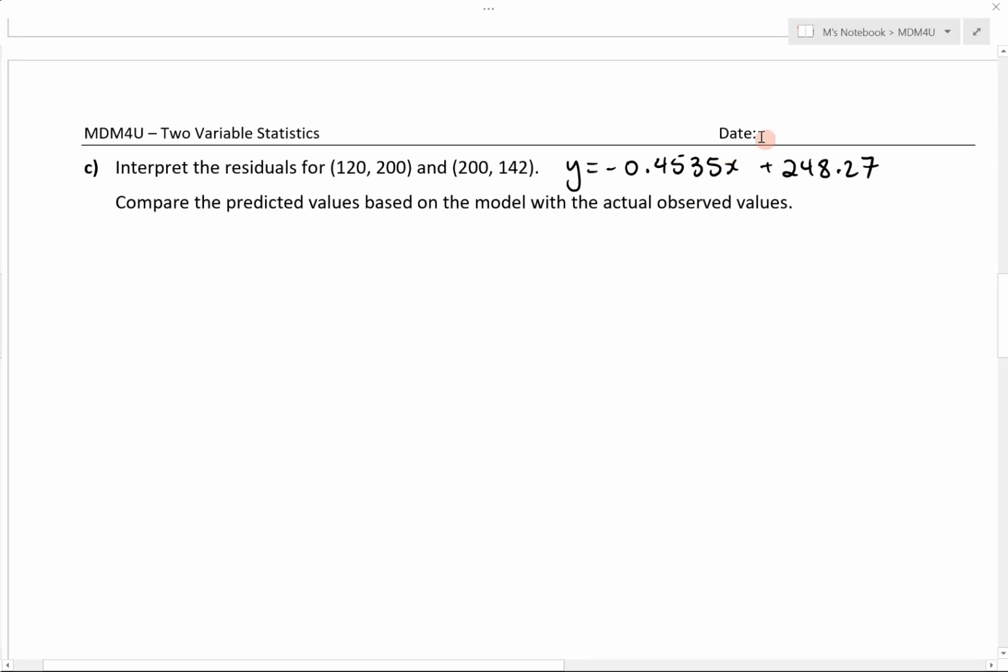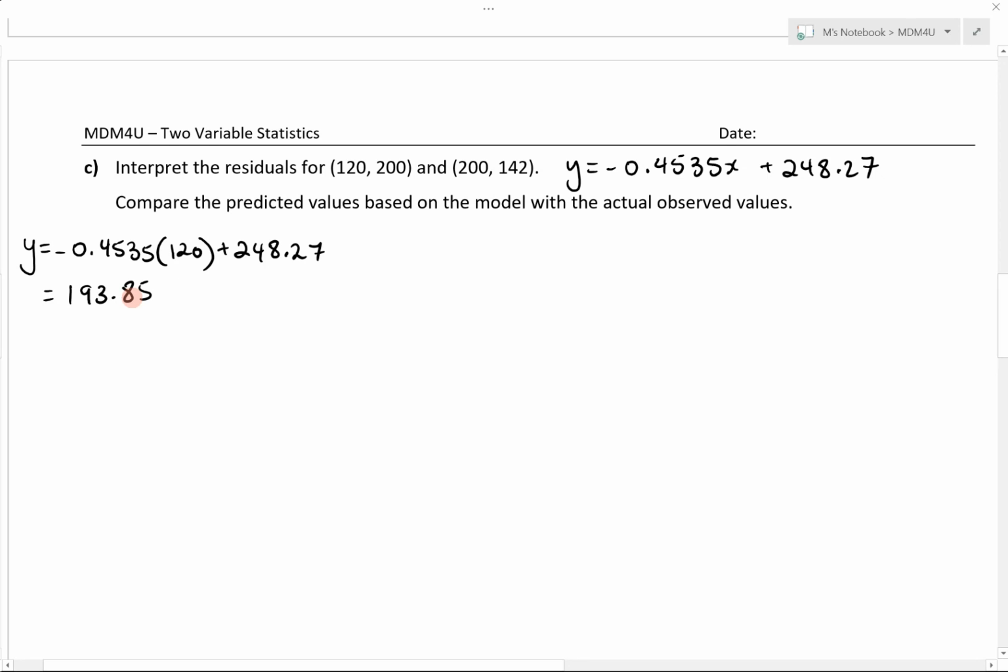So what's the predicted value? The predicted value, the y value, is going to be, if I substitute that x value, which is 120, into the line of best fit equation, then the y value that comes out is 193.85.